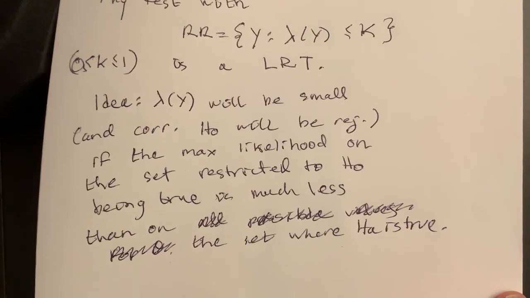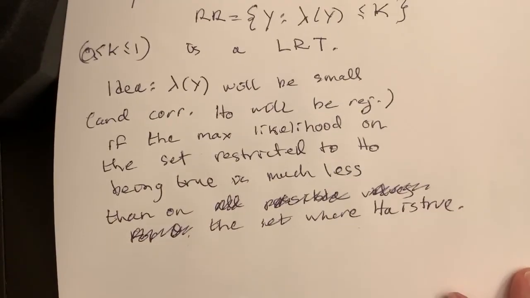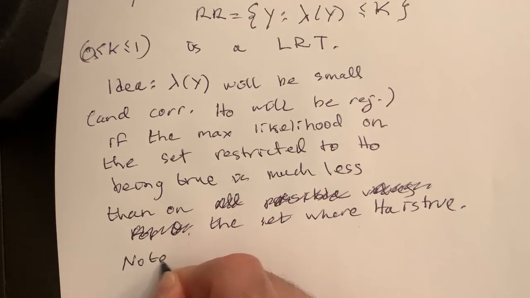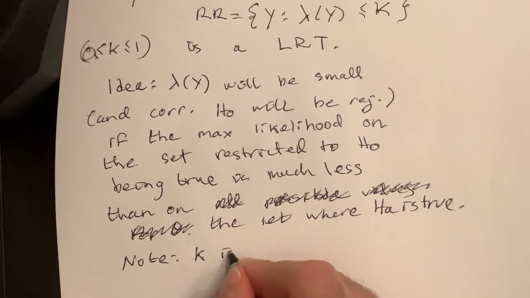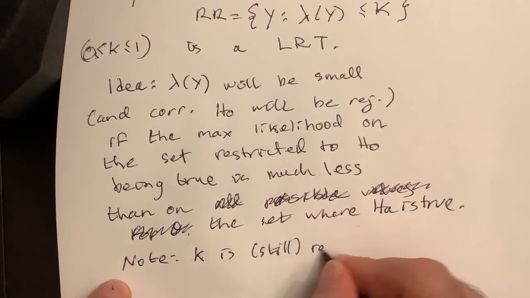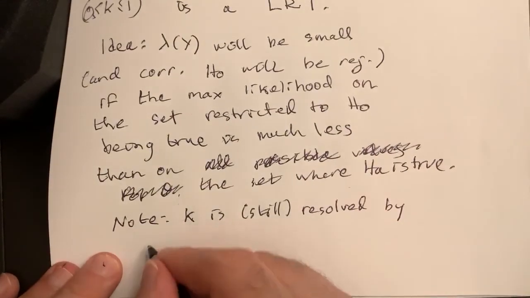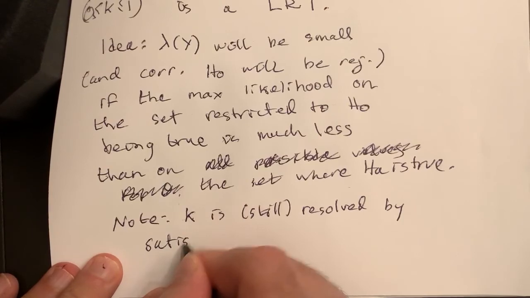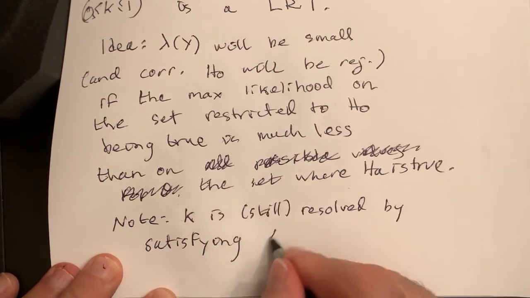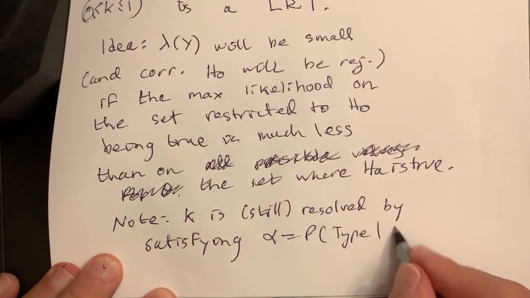All right, so all this did was give us this form for the test. We still have to find k, so let's make another note. K is still, like before, resolved by satisfying the type 1 error: alpha equals the probability of type 1 error.